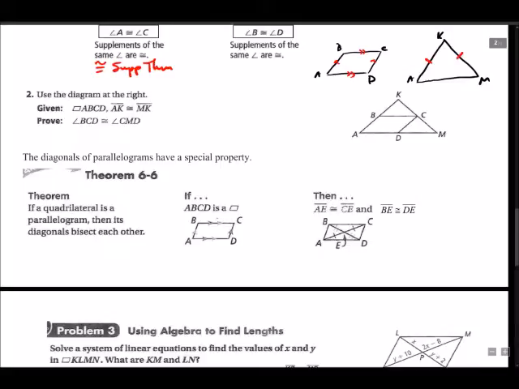Oh, I see things happening already. I'm going to make those two angles congruent. So angle A is congruent to angle M. Why do I get to say that? That's our isosceles triangle theorem.